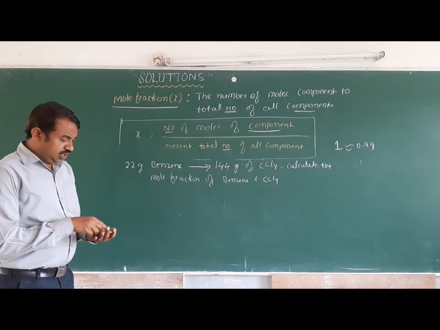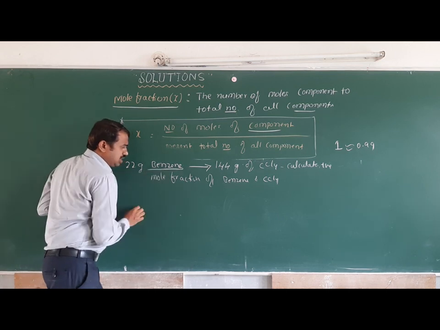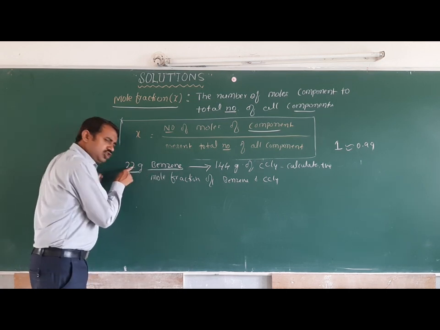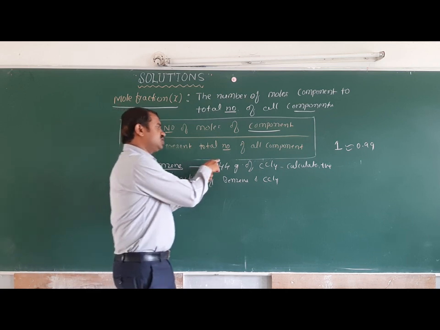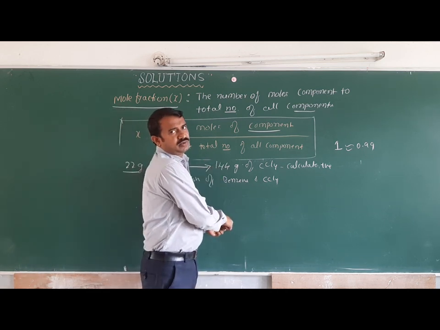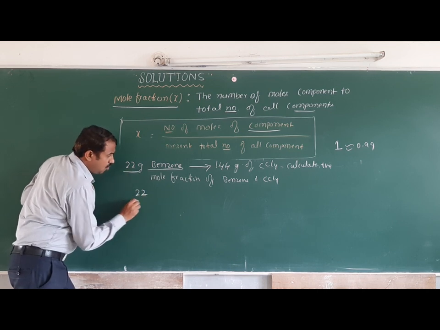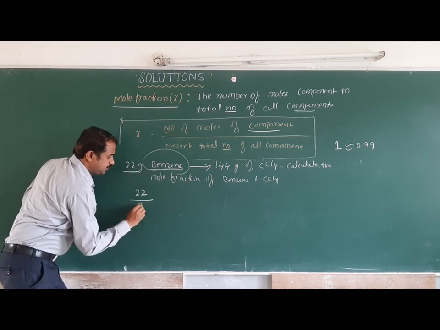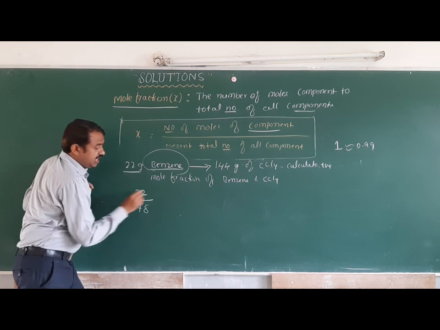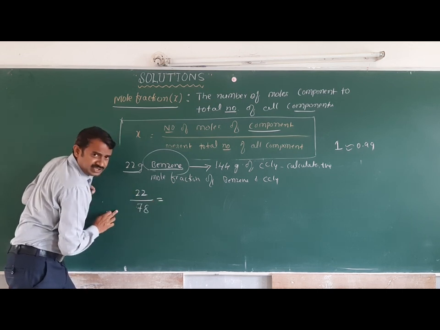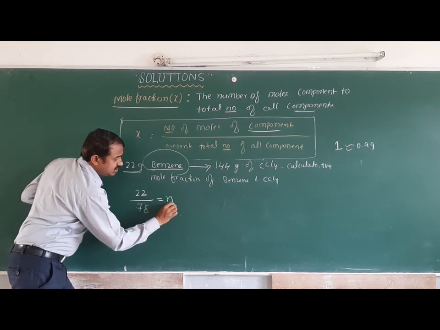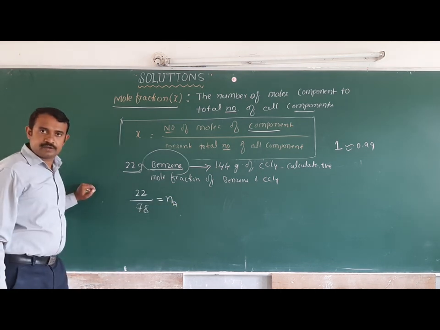You know the benzene molecular weight. Solute divided by solute molecular weight, solvent divided by solvent molecular weight. Here solute is 22 gram. The benzene molecular weight is 78. So 22 divided by 78 gives the value of Na.